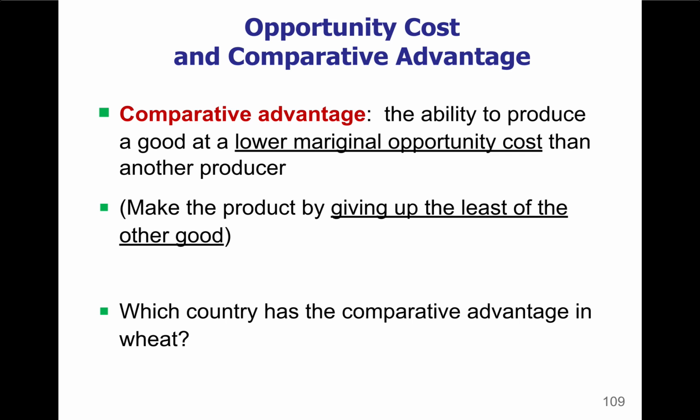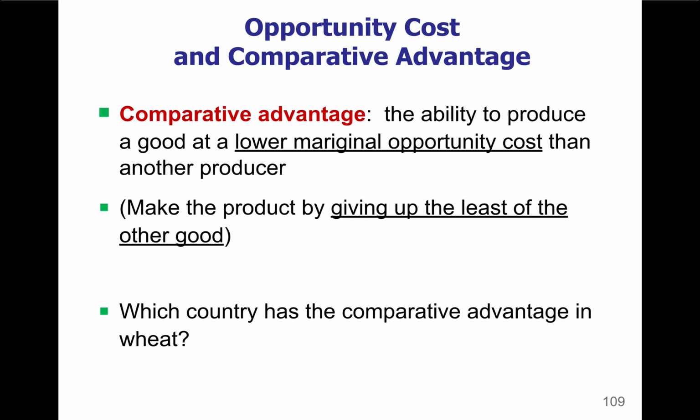When the United States decided to make one computer, how much wheat did they have to give up? Hopefully you said 10. Because on the United States graph, your wheat to computers ratio is a 1-to-10 ratio. 1 computer to 10 wheat. And because it's a straight line, we know that's a constant opportunity cost or slope.